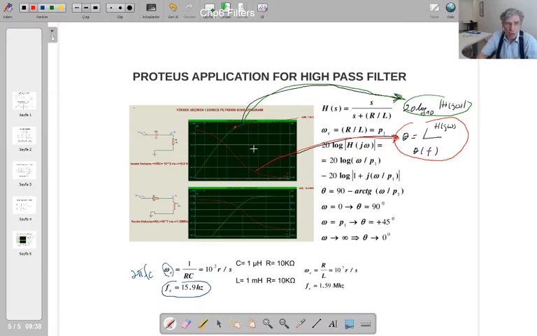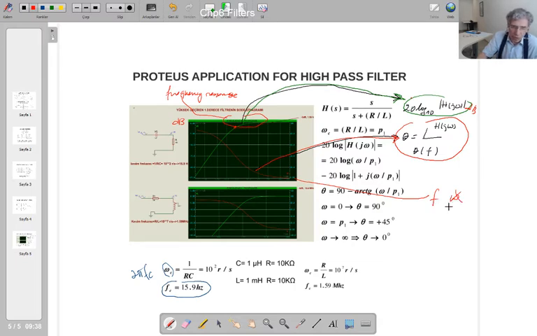If you choose here, it says frequency response. So you're going to put the probe here and choose frequency response. I just remind you, this axis here is decibel. And this axis here is f, not ω.